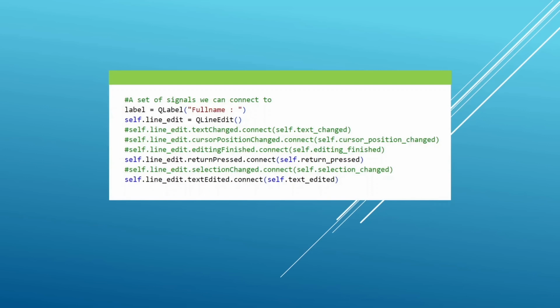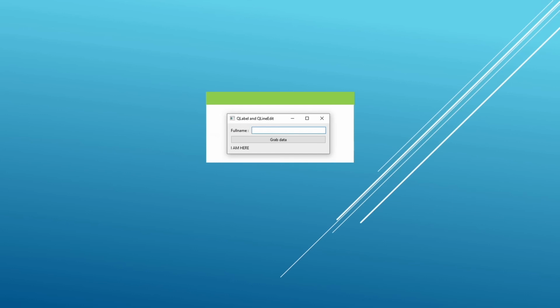But what I want to draw your attention on is how we are going to lay things out to make the user interface show up like this. And what we are going to do, we will first have an englobing vertical layout. Okay, that's what we're going to do. Then we will take the full name label and the line edit here and put them in a horizontal layout.